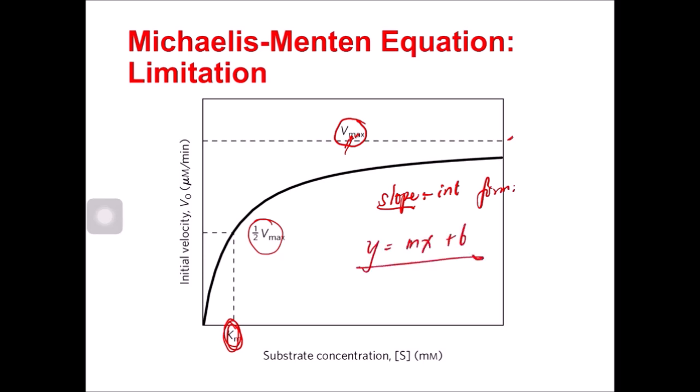So by converting this graph into a slope-intercept form, we can get a linear or straight line. And by having the straight line, we can get the exact value of Vmax.